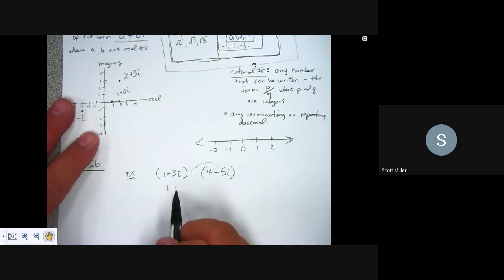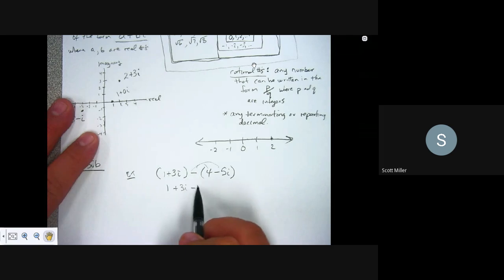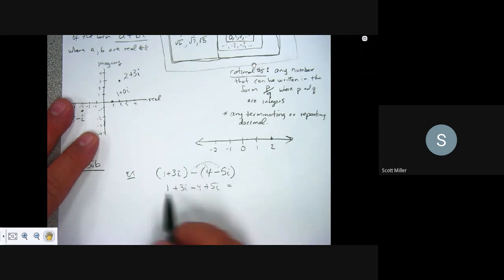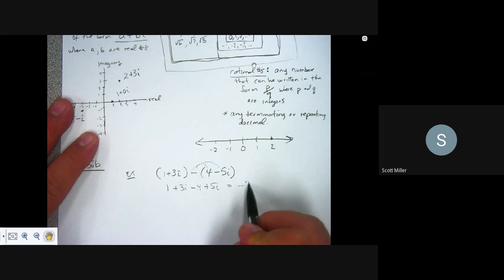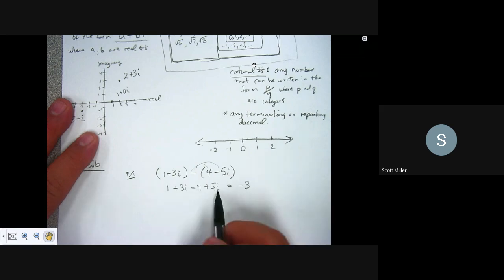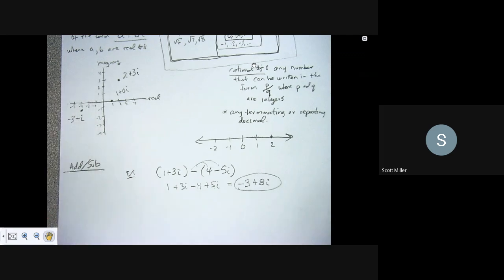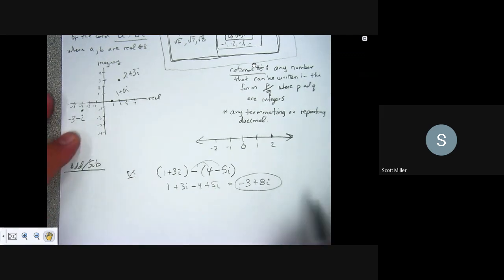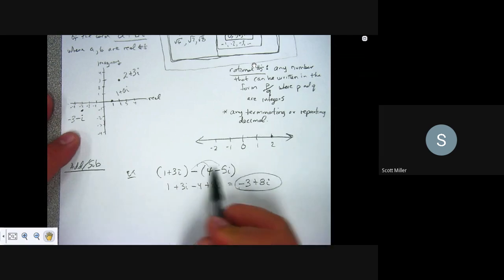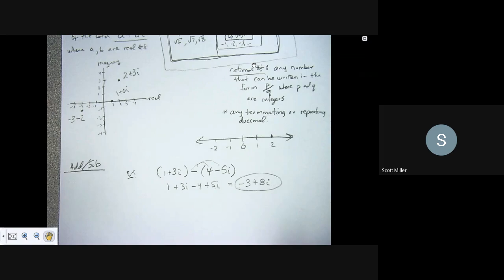This would be 1 plus 3i minus 4 plus 5i. And then add the real parts and add the imaginary parts. So this answer becomes 1 minus 4, -3, and 3 plus 5, 8i. Done. That's all there is to it. So adding and subtracting is the same thing. If it's subtraction, just distribute that negative sign and basically combine like terms.